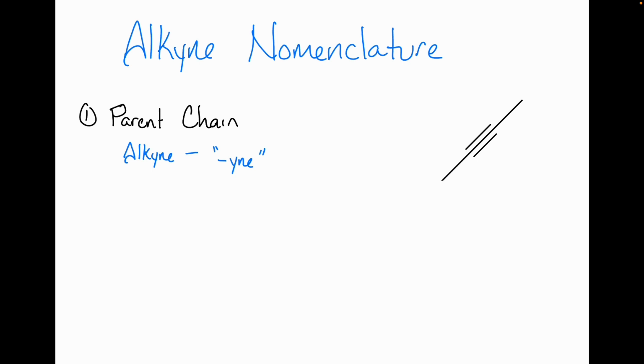All right, and we can just say this was a rule that we saw with our alkenes as well, but the same thing is true for alkynes. It's the longest continuous set of carbons that contains our functional group.